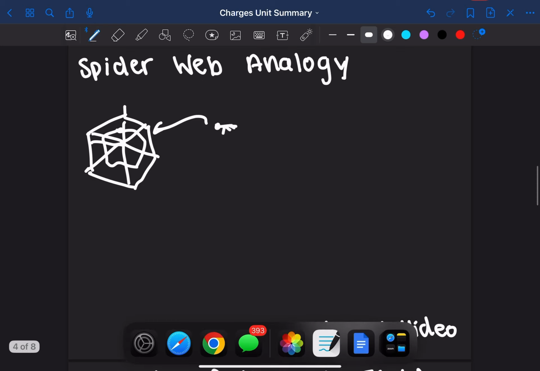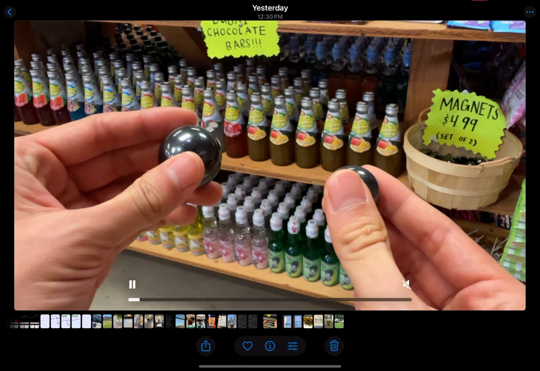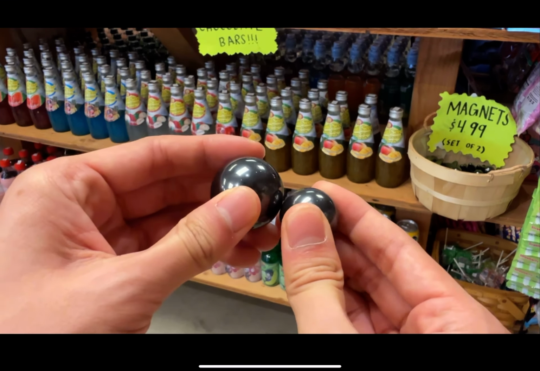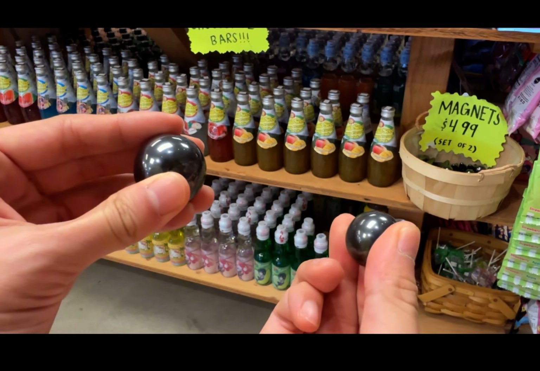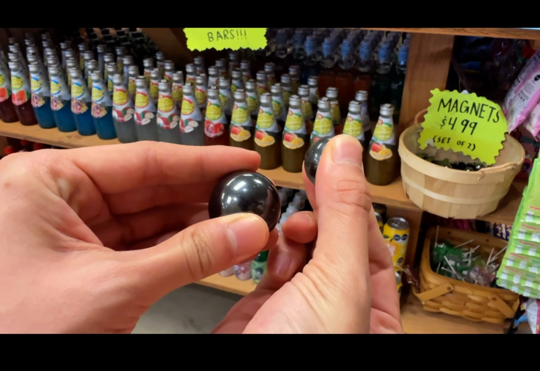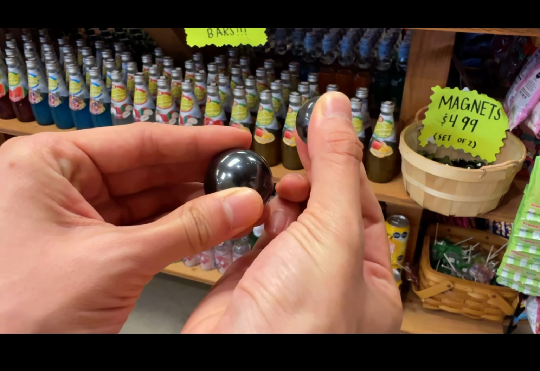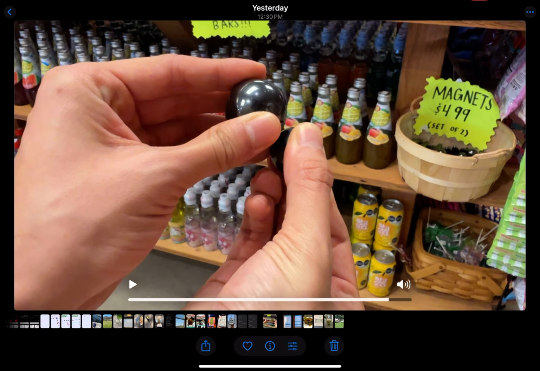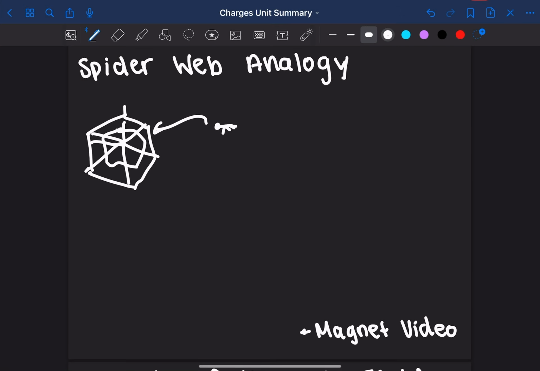And I have a little video actually recently of these magnets, where essentially it looks like I'm playing around and messing around with it, but the magnets don't interact at all unless you bring them within a certain level of proximity together, which goes along with this spiderweb analogy, saying that nothing is going to happen unless it actually comes into contact within the electric field.